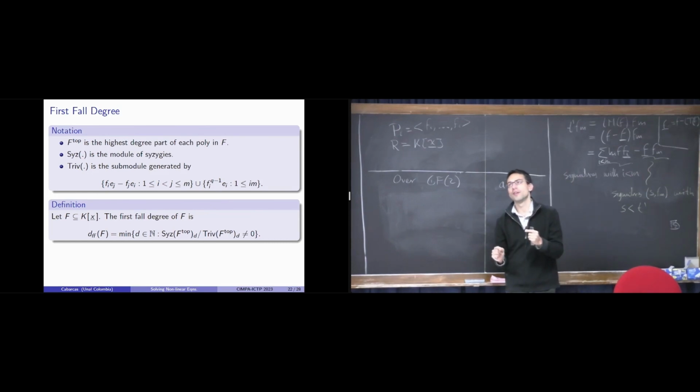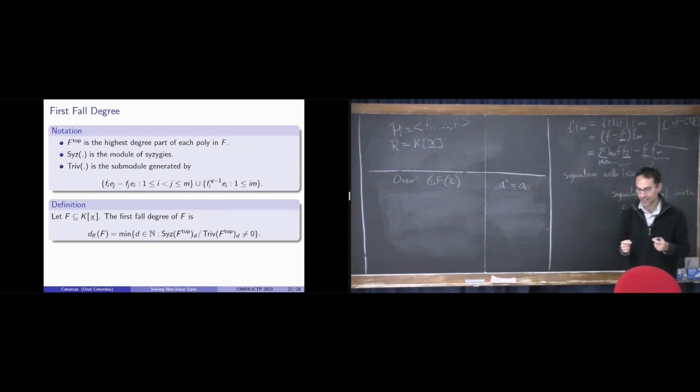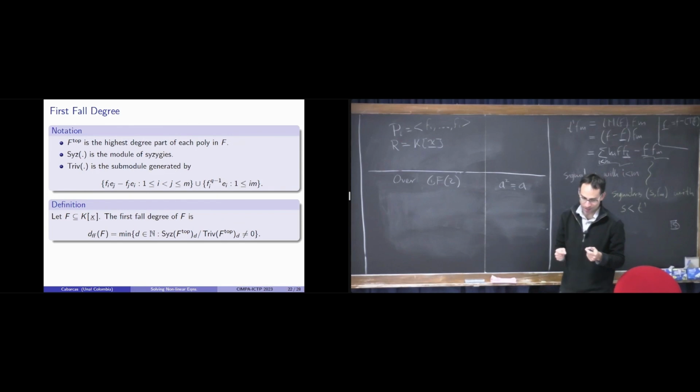One is homogenizing the polynomials, and the other one is only considering the largest degree part of the polynomials. And both have problems. They are not always accurate in what really happens.